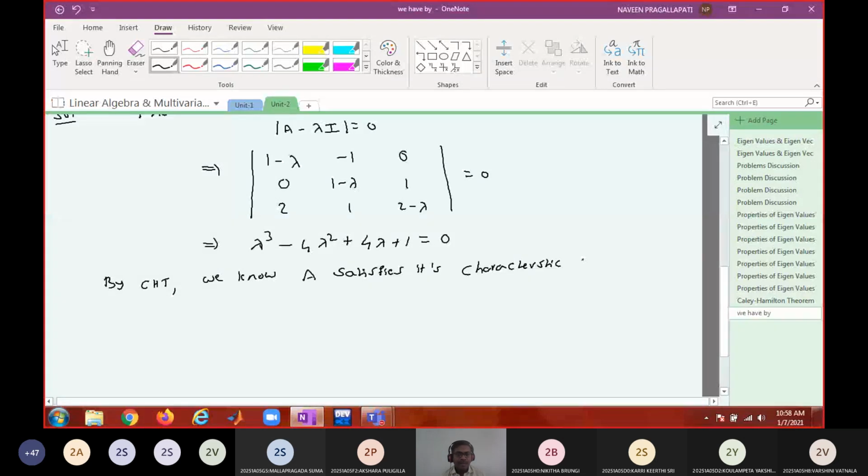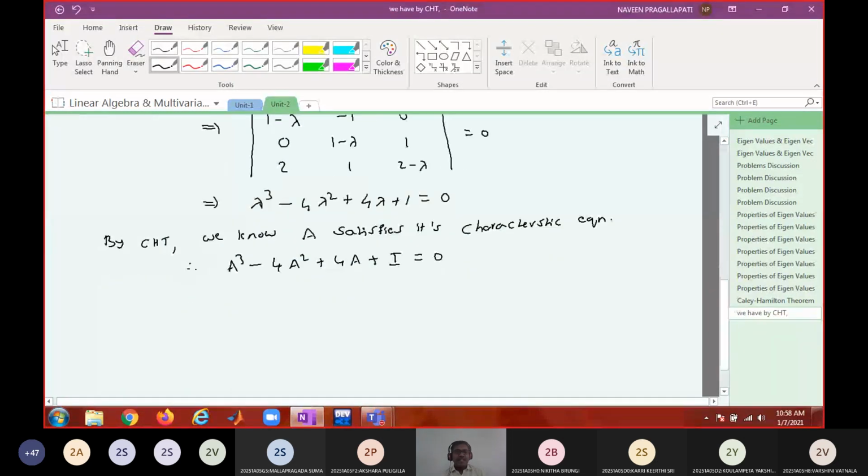Therefore, A cube minus 4A square plus 4A plus I equal to 0. Because of the presence of this constant term, we are very much sure that A is non-singular. Now you multiply both sides with A inverse. You may call this star.